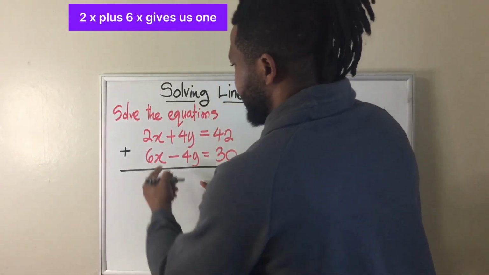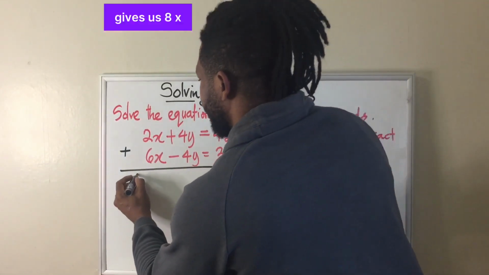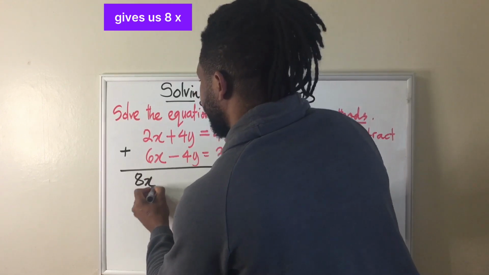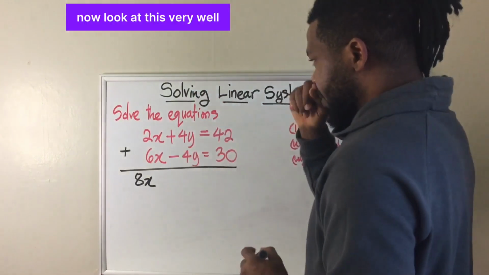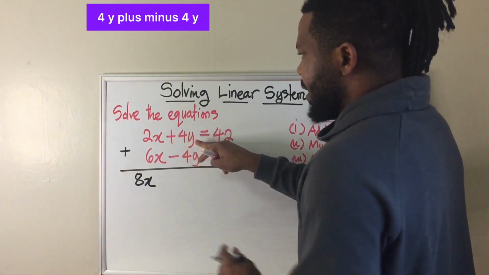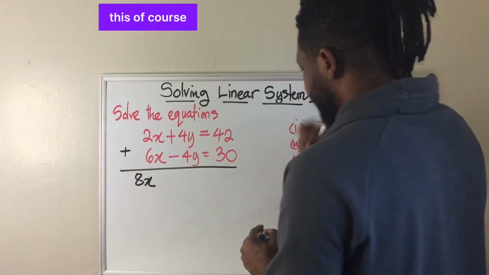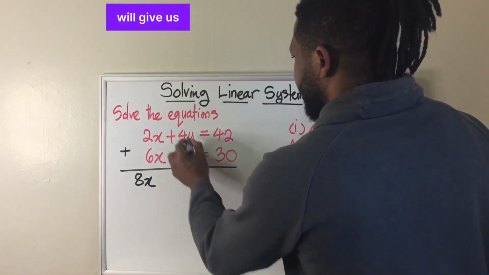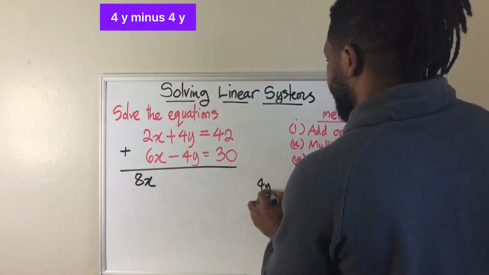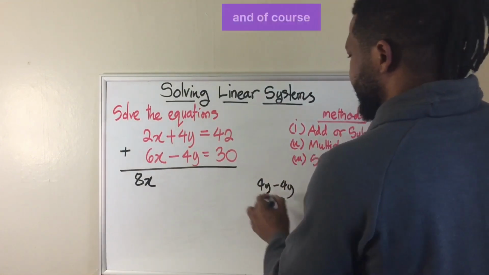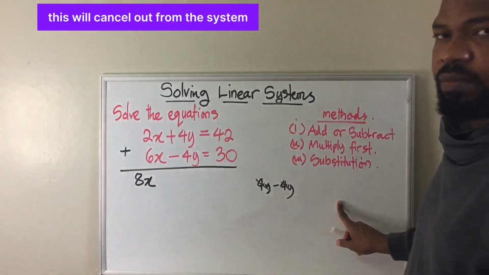Of course, 2x plus 6x gives us 8x. Now look at this very well: 4y plus minus 4y. This, of course, will give us 4y minus 4y, and this will cancel out from the system.